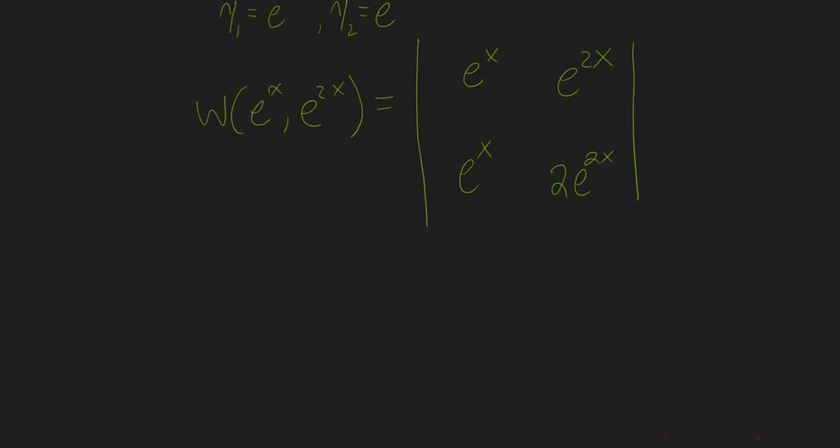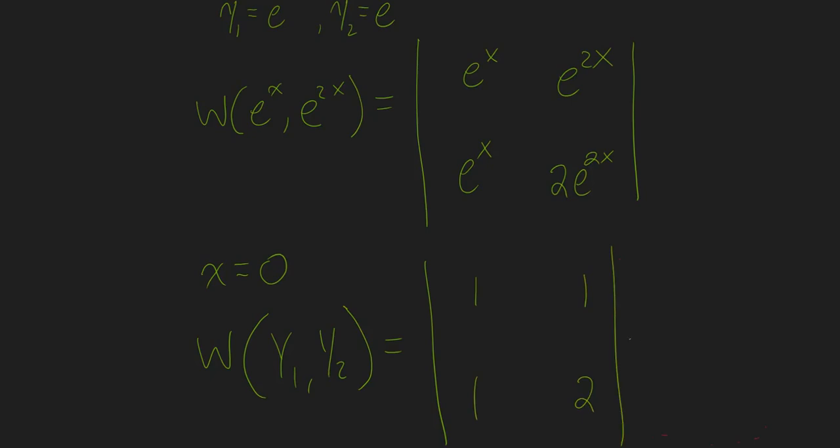So let's say x is equal to 0, and now we have the Wronskian of y1 and y2, right? And these are being evaluated at 0. Then that'll be e to the 0, which is 1, e to the 0 is also 1, and then we have 1, and then we have 2.